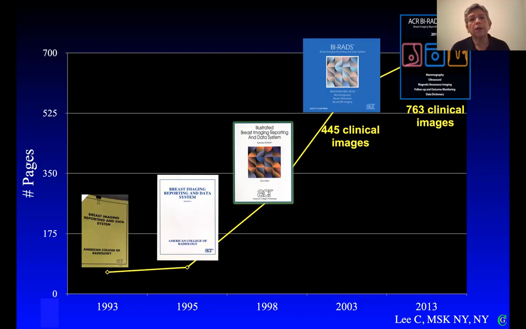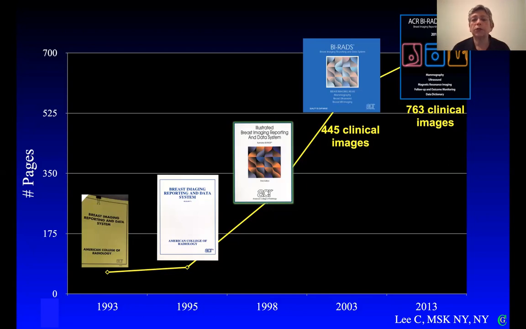The first ACR BI-RADS lexicon book, the first edition, was published in 1993. It was a thin pamphlet, basically, dealing with descriptors and things like that. This has rapidly evolved over the last several decades to the most recent publication being in 2013. It was the 5th edition.